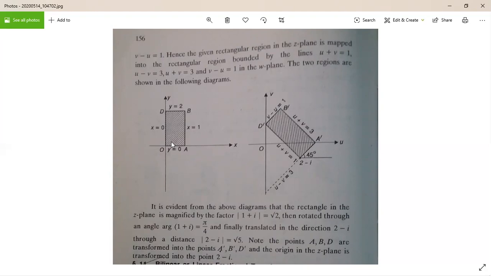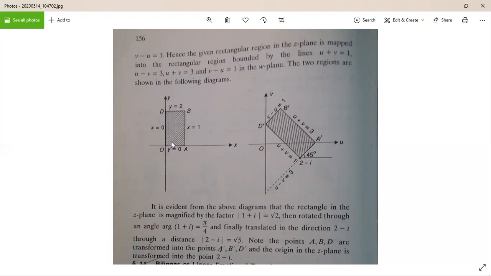It is evident from the above diagram that the rectangle in the z plane is magnified by the factor mod (1 plus i), which equals root 2, and then rotated through an angle arg (1 plus i), which is pi by 4, and finally translated in the direction of 2 minus i through a distance mod (2 minus i) equals root 5.